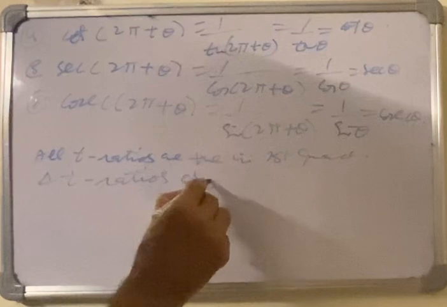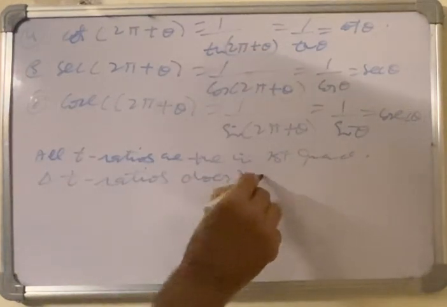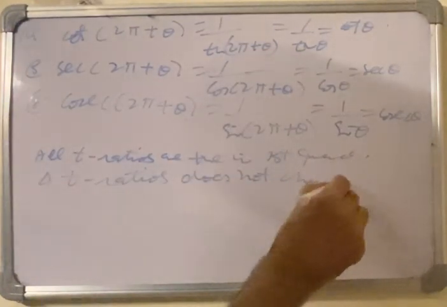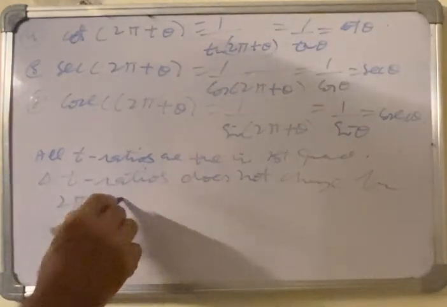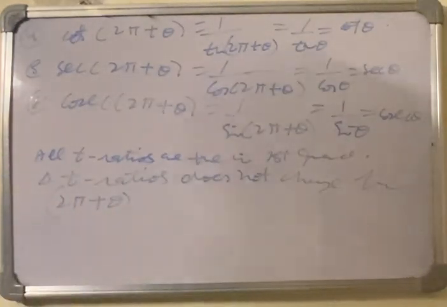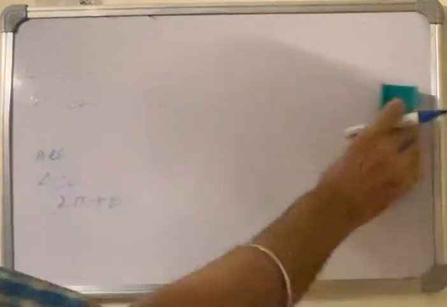Ratio does not change for 2 pi plus theta. That is, sine remains sine, cos remains cos, tan remains tan, cot remains cot, secant remains secant, cosecant remains cosecant. Now in the last, we shall take summary.